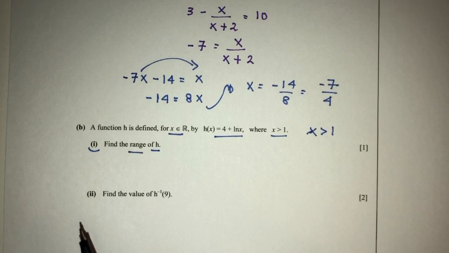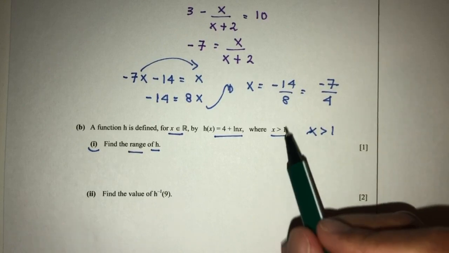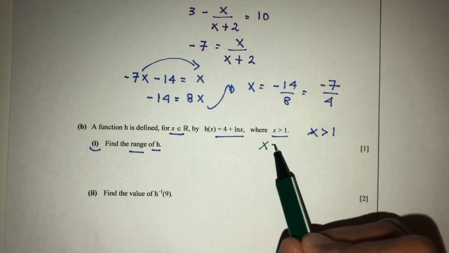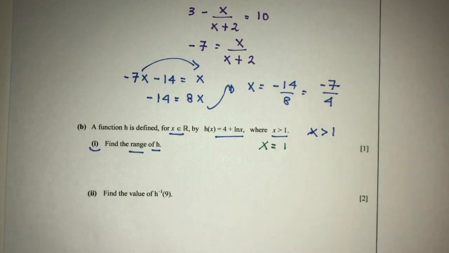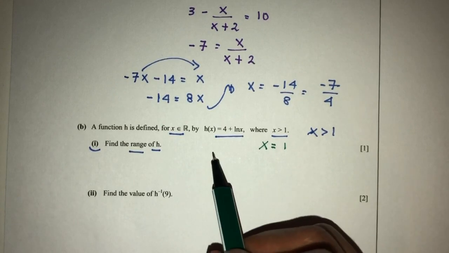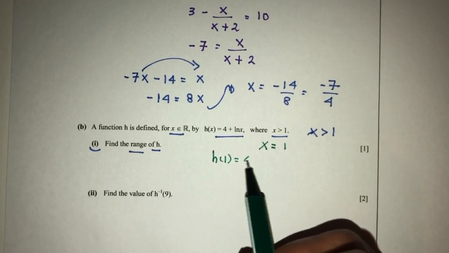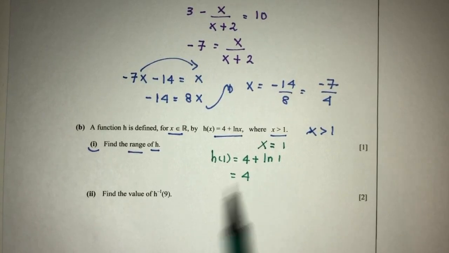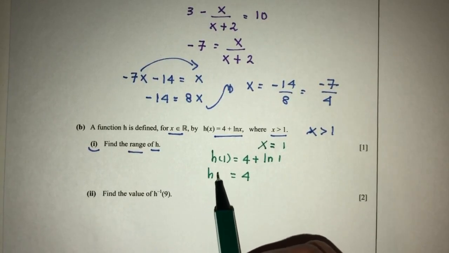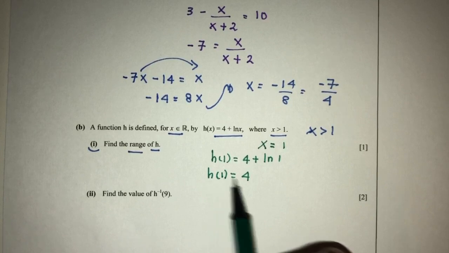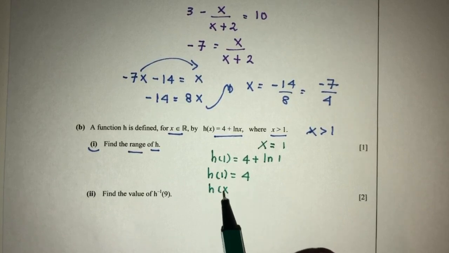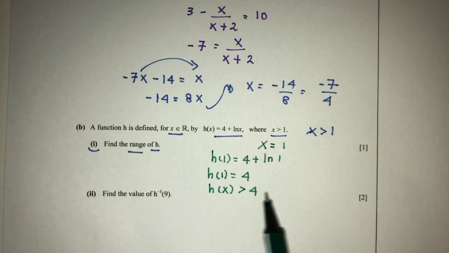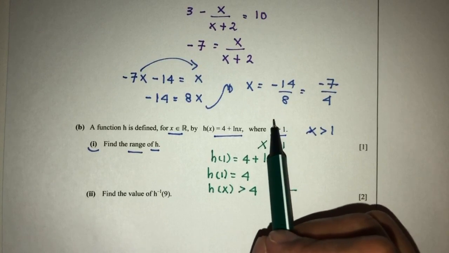So basically what we can do here is simply assume the value of x is 1, for example. So you will have h of 1 has to be 4 plus ln of 1, but ln of 1 is 0, that will be 4. So we know that h of 1 is equal to this, which means h of x has to be more than this value. So this is your range, because as you can see, we only take values more than this.